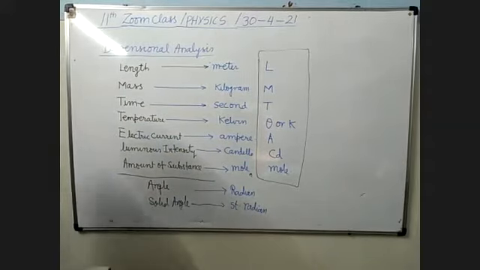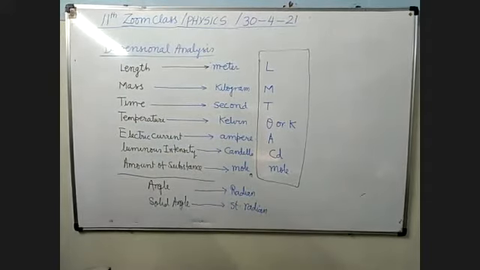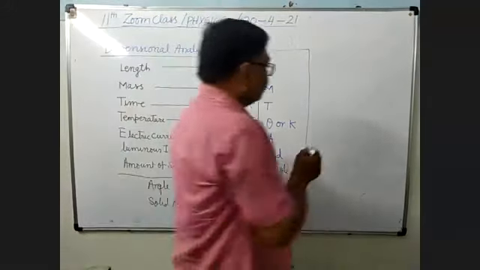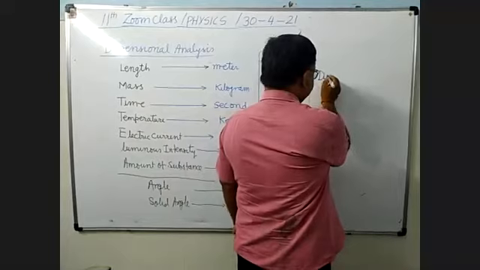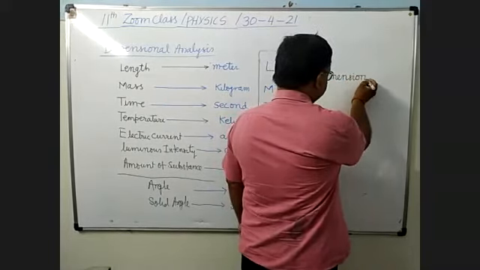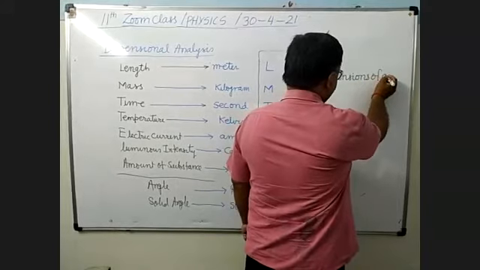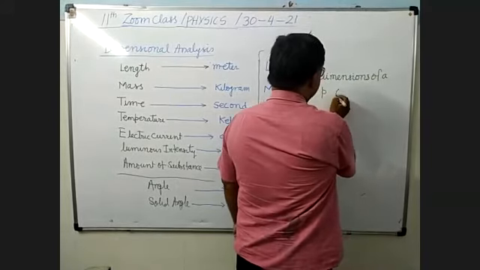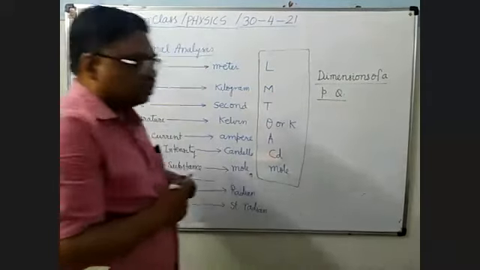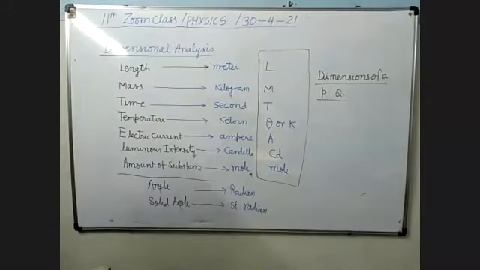Now see here. Now I am going to explain to you the dimensions of a physical quantity. What is the meaning of dimensions of a physical quantity? PQ means physical quantity. Physical quantity means that which can be measured by some instrument.